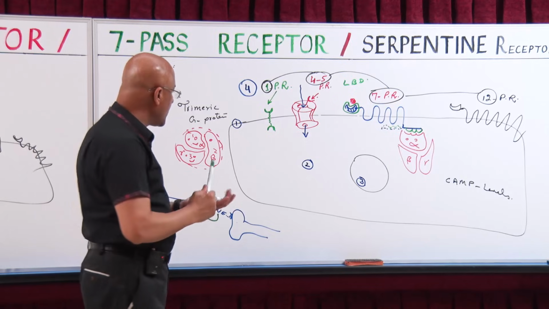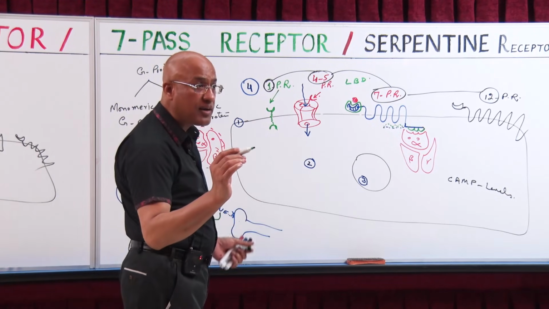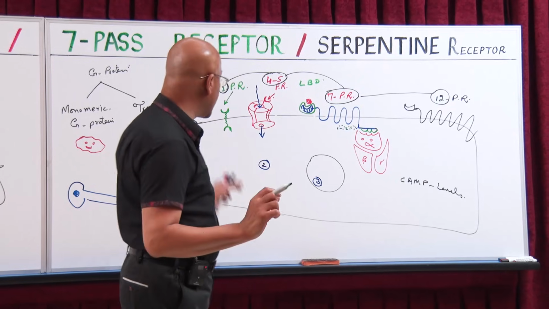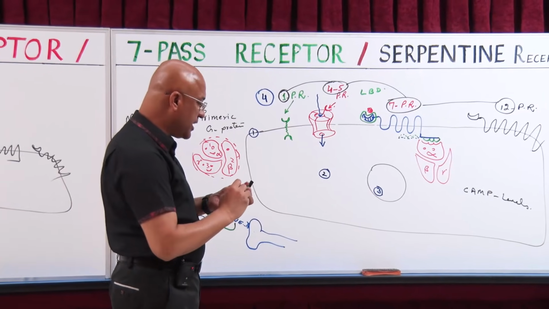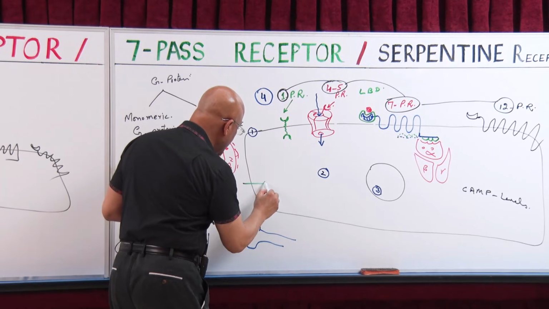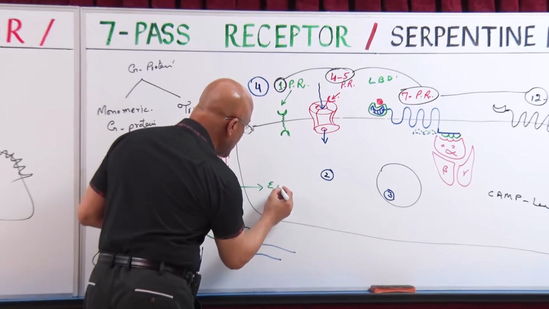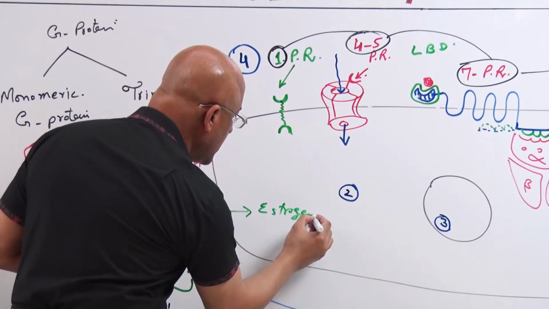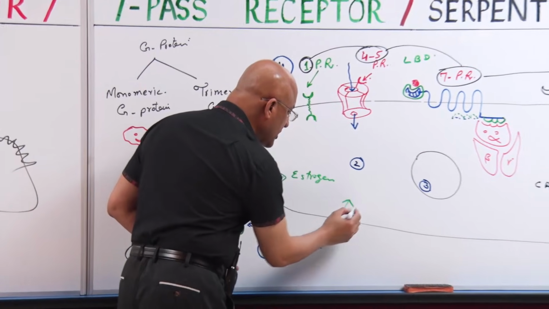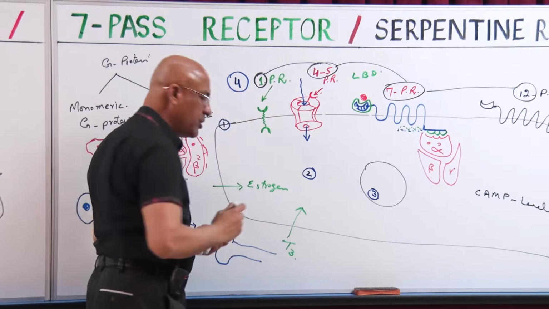For example, these substances are either very small or they are lipid soluble. So they can pass through the lipid bilayer. Classically here I can say like the estrogen receptor. Estrogen can go inside the cell. In the same way, T3, thyroid hormone.